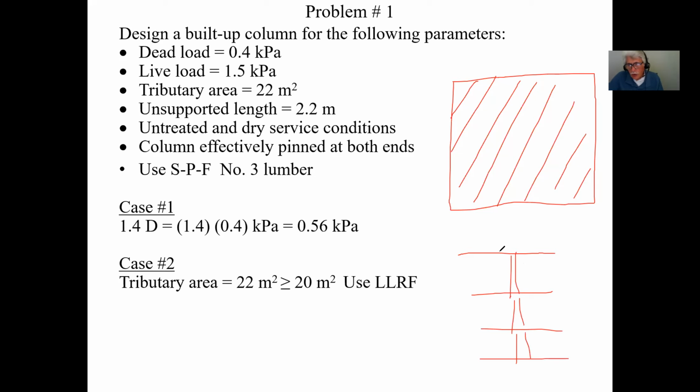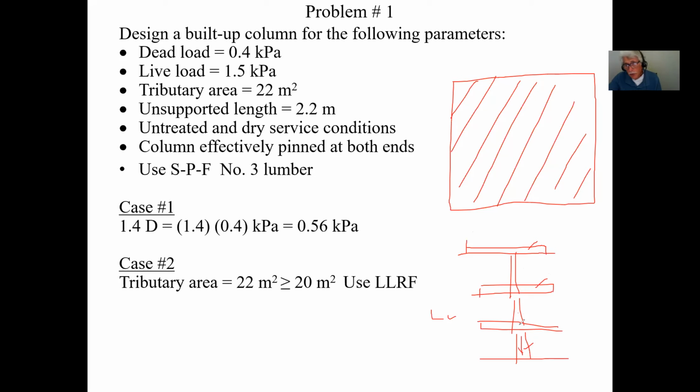So now you can appreciate that the areas keep adding up. For this column here, this is the area and that's the area. So therefore the live load reduction factor becomes significant. And for this column here, this is the area, that's the area, and therefore when you calculate the live load on this column, this is where these live load reduction factors become very beneficial.